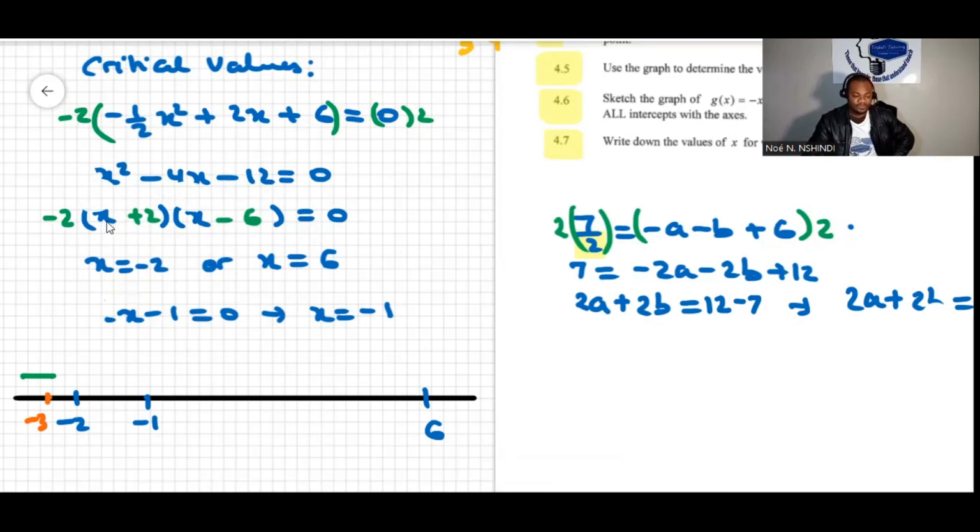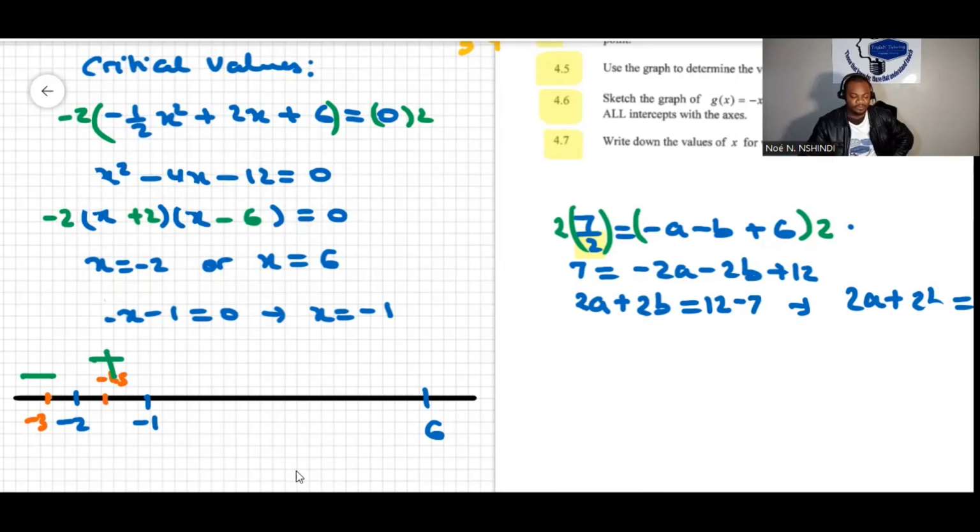If you sub a number between -2 and -1, let's say -1.5, pick up a number like -1.5, if you sub -1.5 there, you're going to get a positive answer. This side is going to be positive.